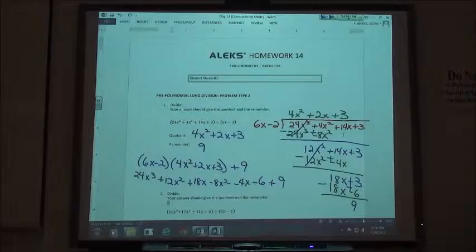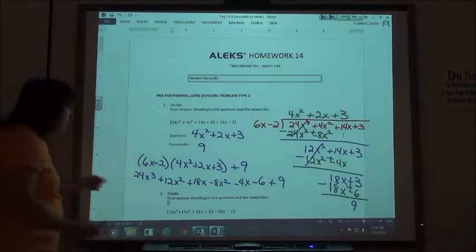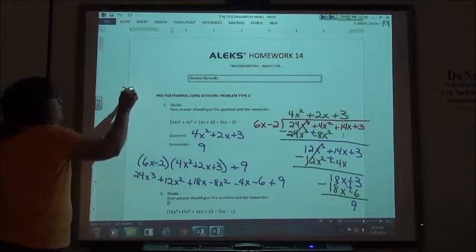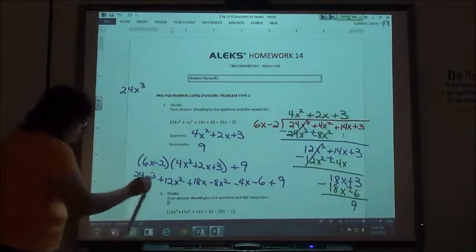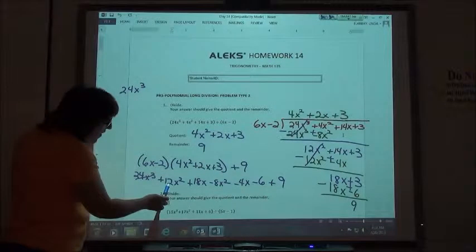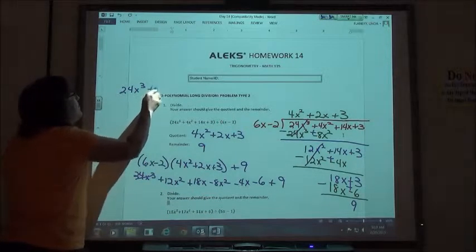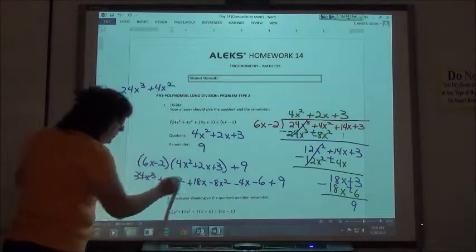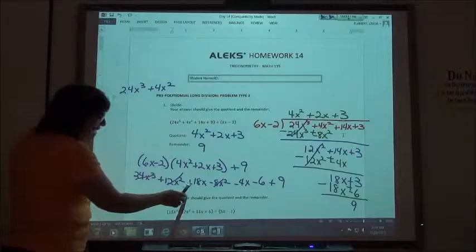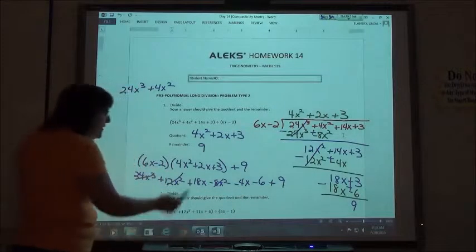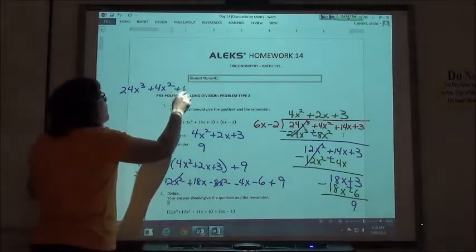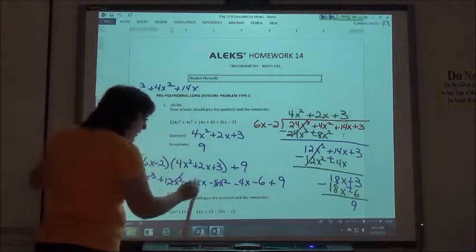So looking at that, combining all my like terms, I've got the 24x cubed. I've got a 12x squared minus an 8x squared. 12 minus 8 is positive 4x squared. I have 18x minus 4x. 18 minus 4 would give me 14x.